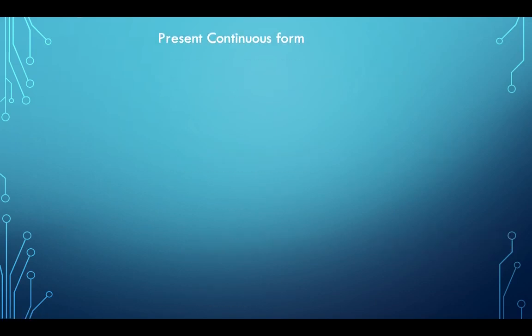Okay, let's move further. It is the present continuous form of tense. Now let's see what it speaks. Continuous means something which is going on. So in present time, the work is going on.